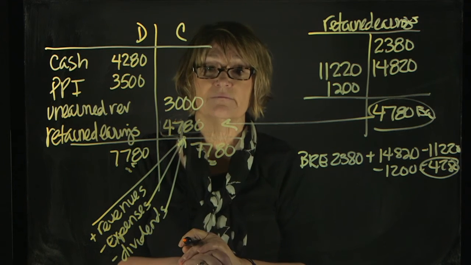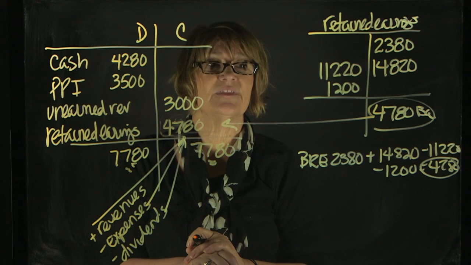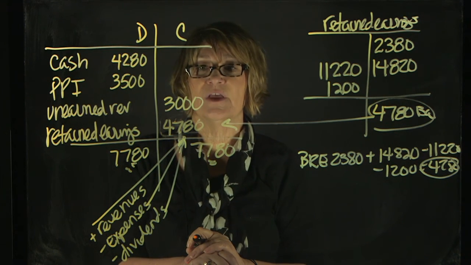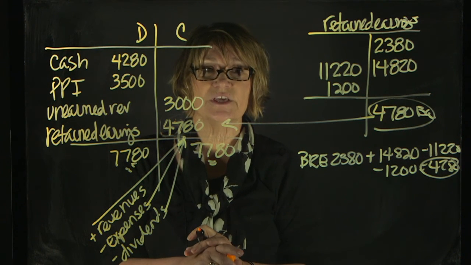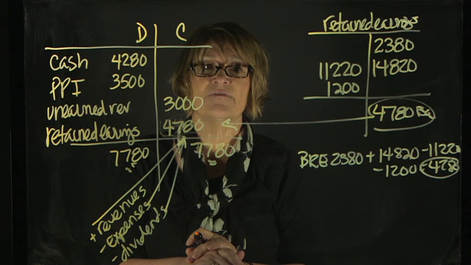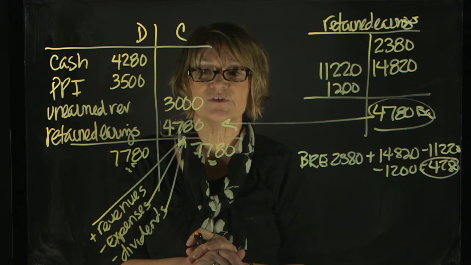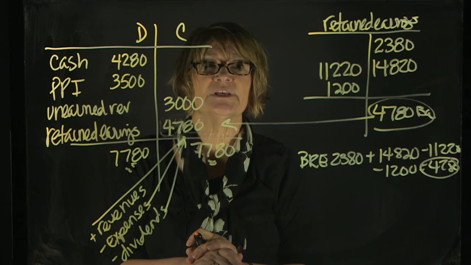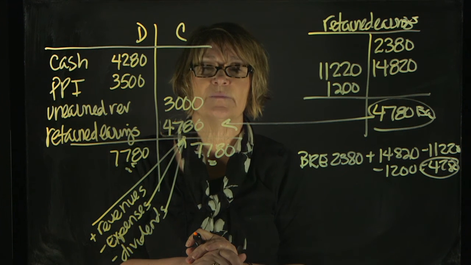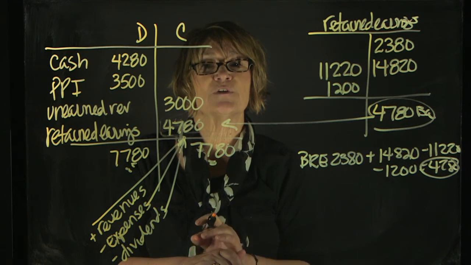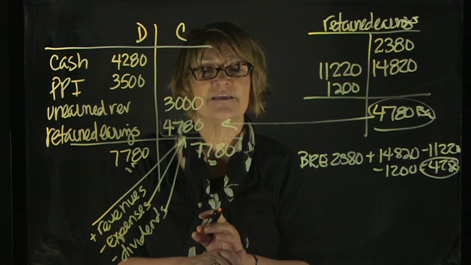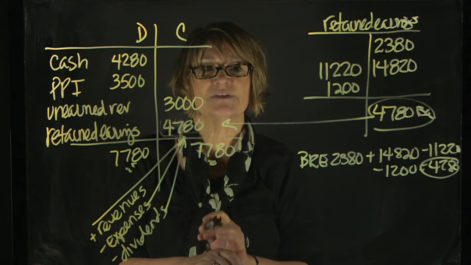And at this point, we're done. We're done with the accounting cycle. Remembering that the closing entries are only done once a year at the end of the either calendar or fiscal year for the company. We only do the closing entries one time. And we only do them to make sure that we reset the temporary accounts to 0.